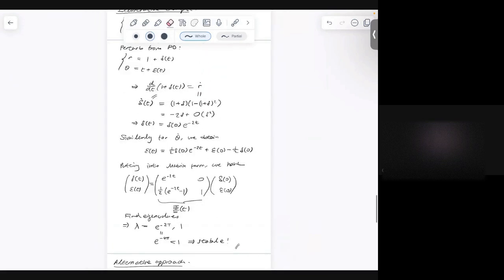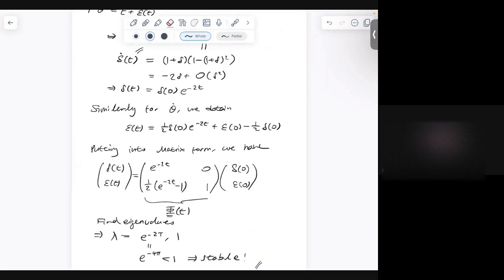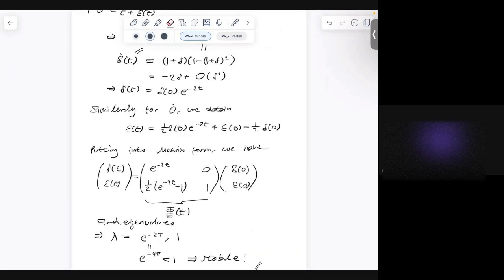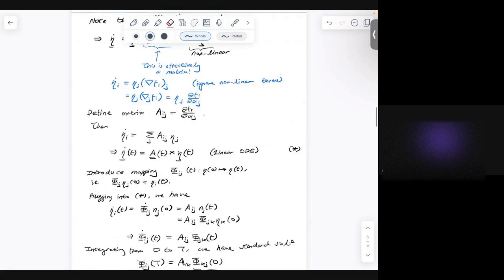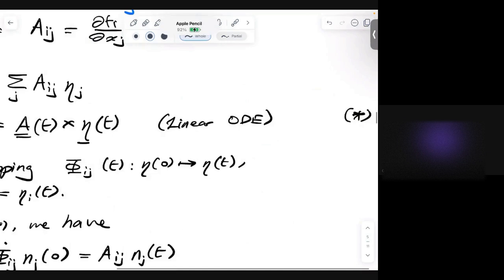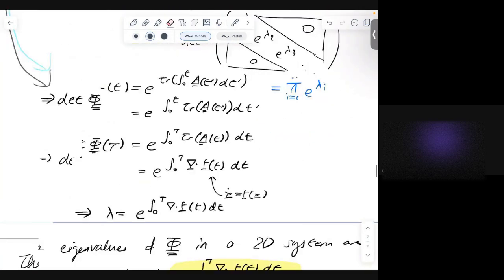Because it's like saying eta is equal to phi times eta of 0. Well, we define phi to be the mapping of the initial perturbation to the perturbation at time t. So yes, it's the same phi. I hope that was convincing enough.